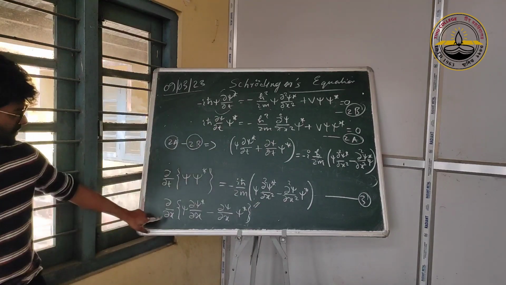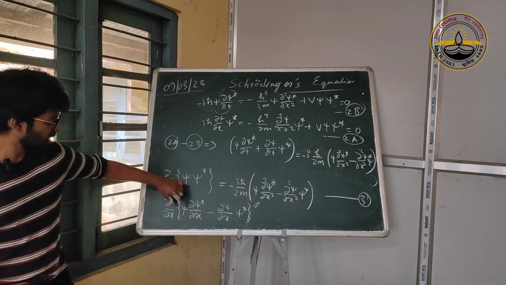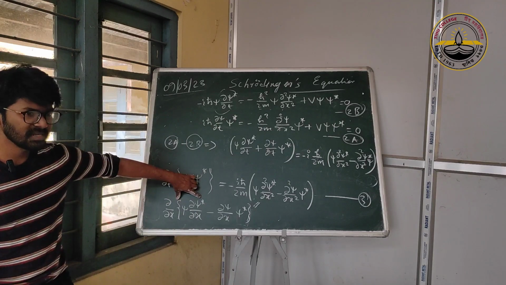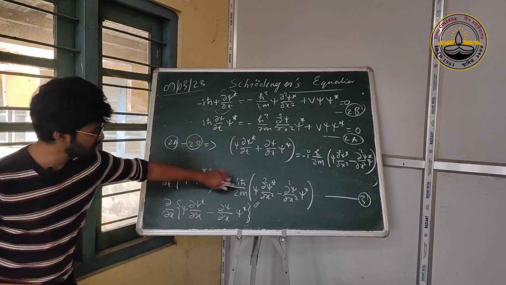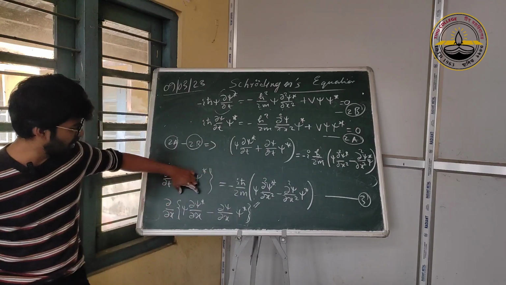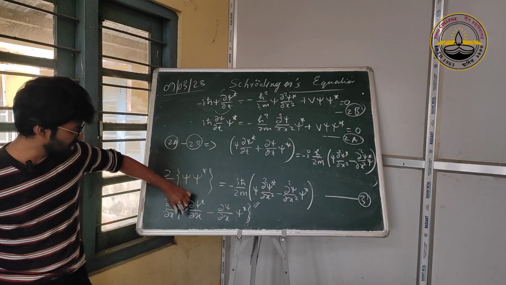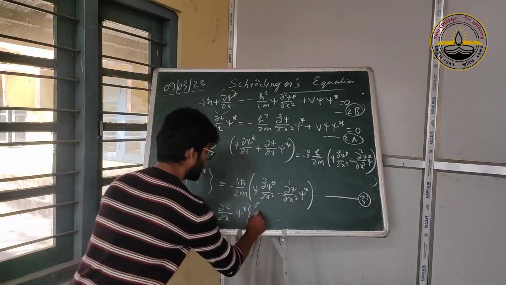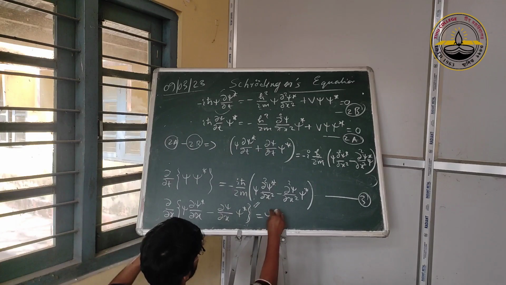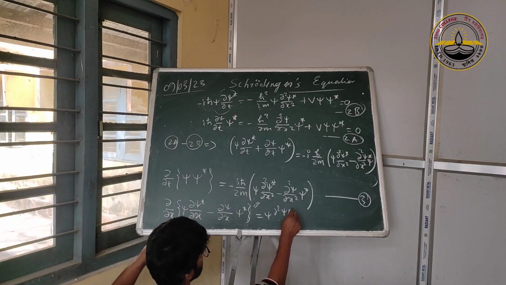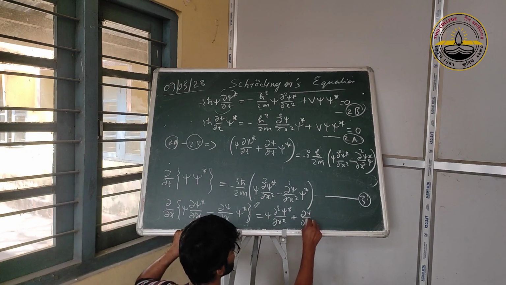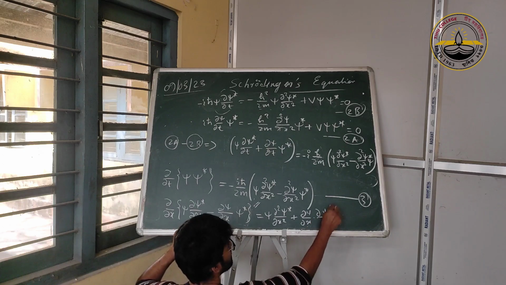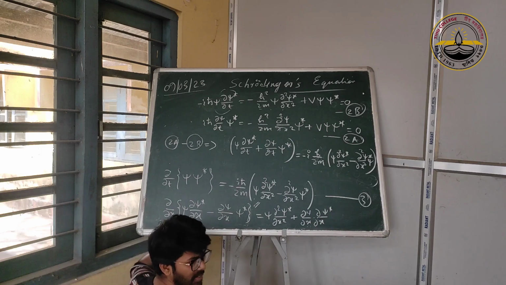Just look at this. What is extra? If I take the derivative of this thing, what will it be? ψ ∂²ψ*/∂x². So this part is okay. But then there will be another part, ∂ψ/∂x. So let's write it. First term will be like this, from this. The next term will be ∂ψ/∂x ∂ψ*/∂x.